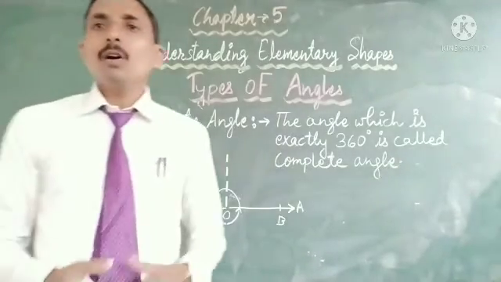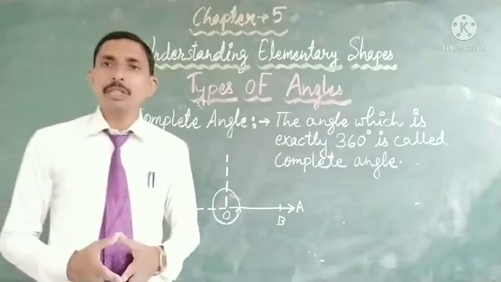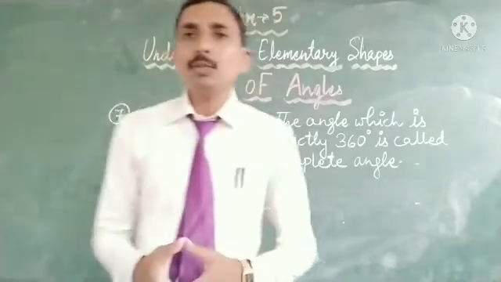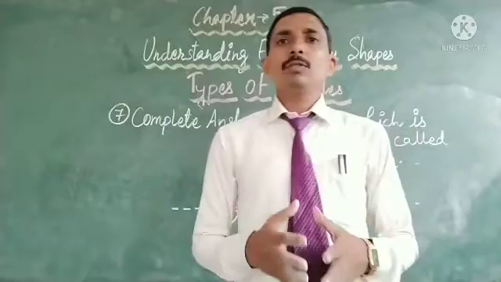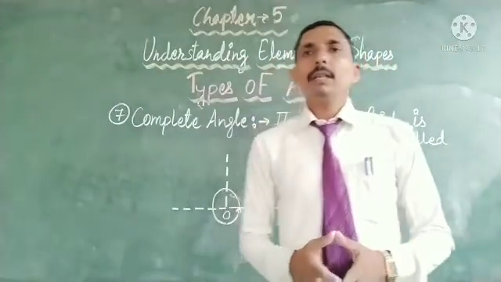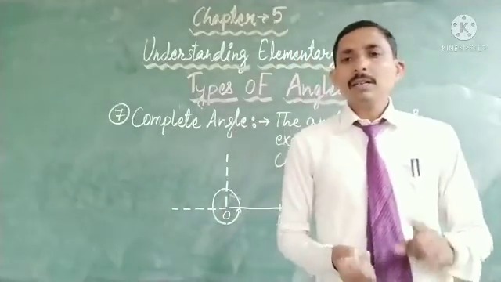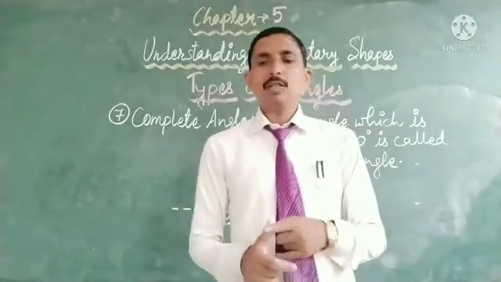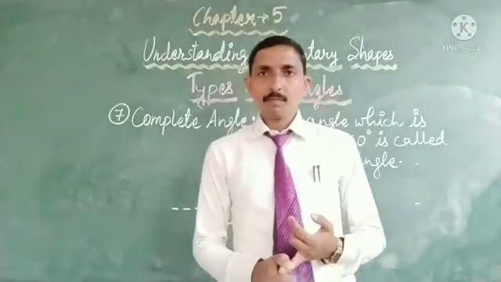So the angle whose measurement is exactly 360 degree is called complete angle. So my dear students, today we have studied about the topic types of angle. In the topic we studied about zero angle, acute angle, right angle, obtuse angle, straight angle, reflex angle, complete angle.